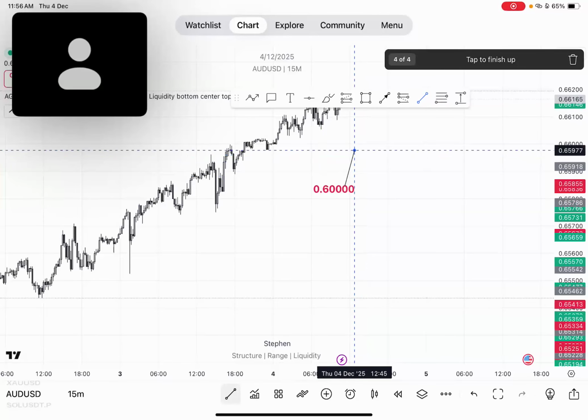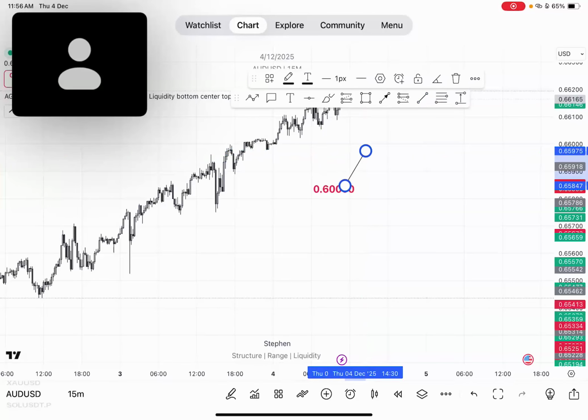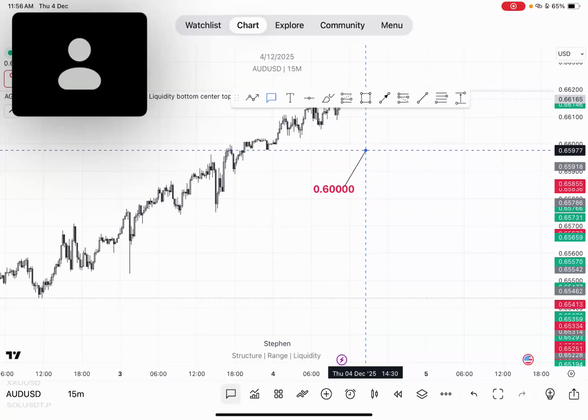So the fourth digit is where the pips start from.